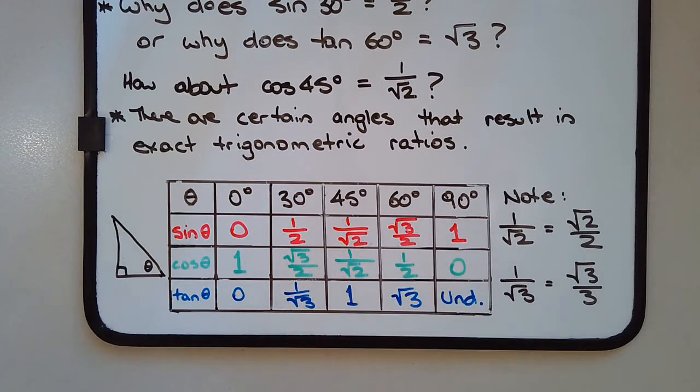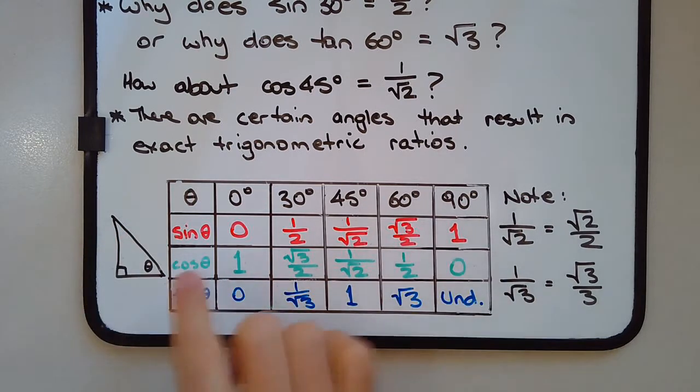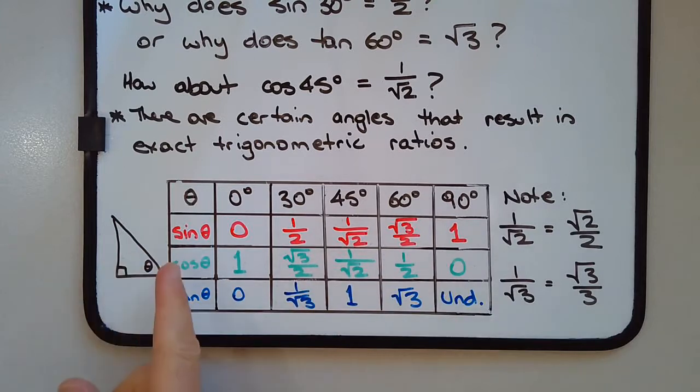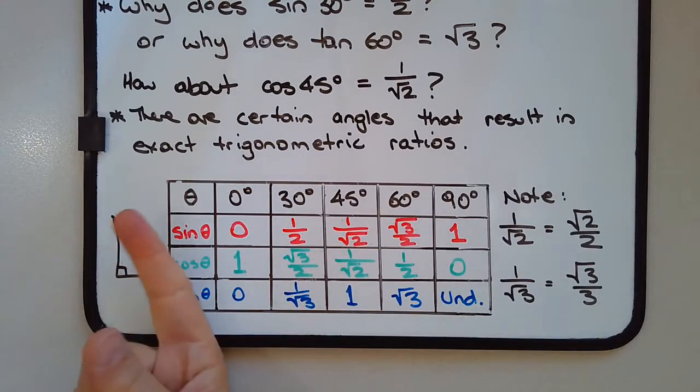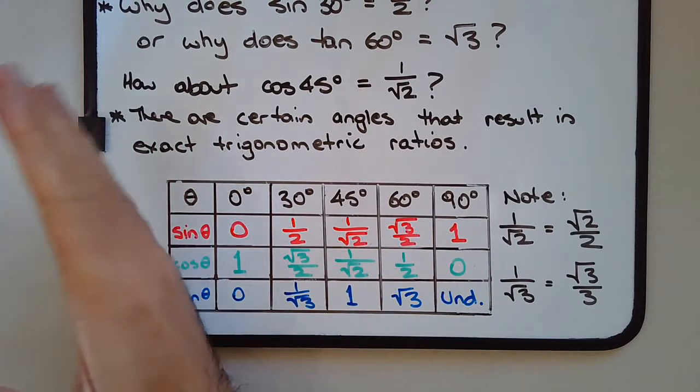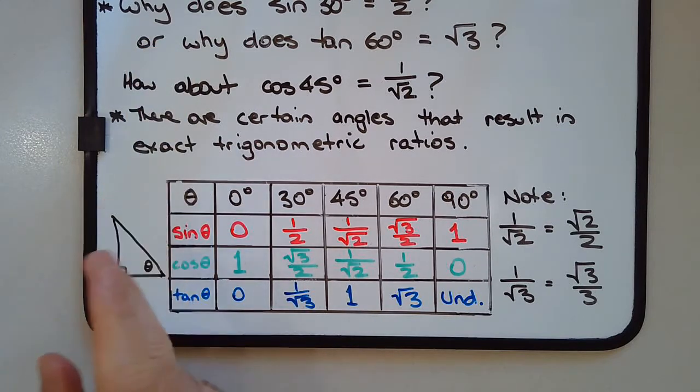Sine of 60 degrees, root 3 on 2. Okay, so root 3 over 2. Sine of 90 degrees is equal to 1. Okay, so when theta is 90, the hypotenuse and the opposite side are in fact equal in length. So you'd get 1.